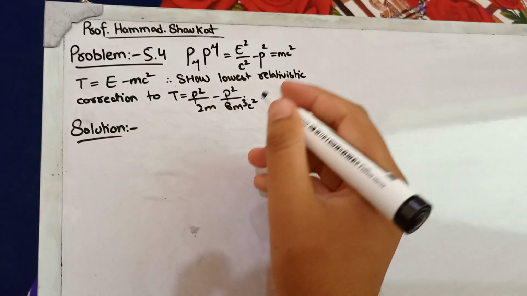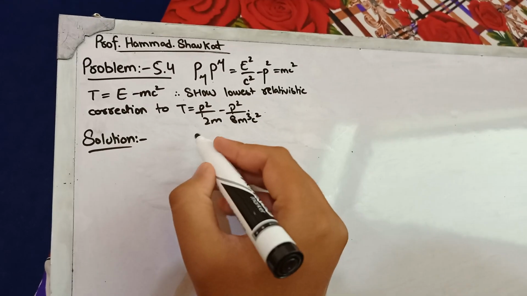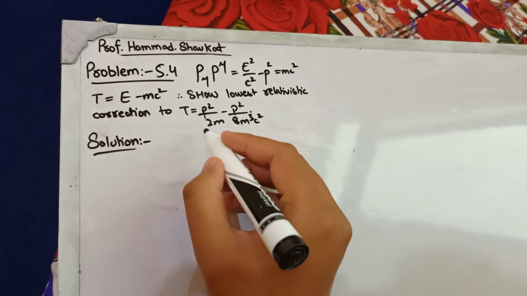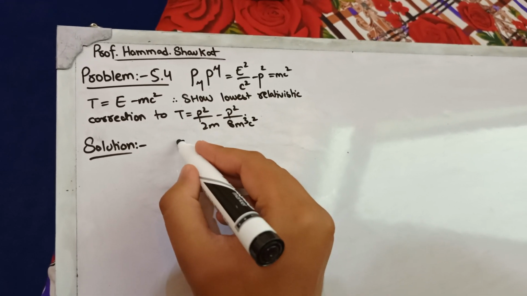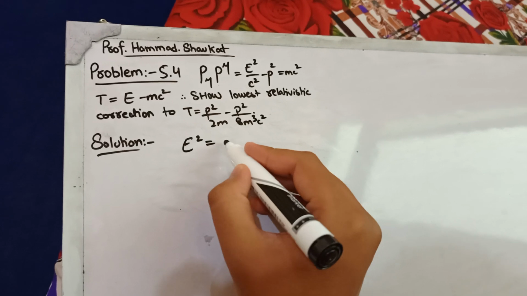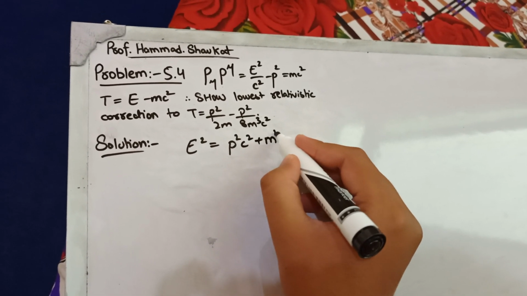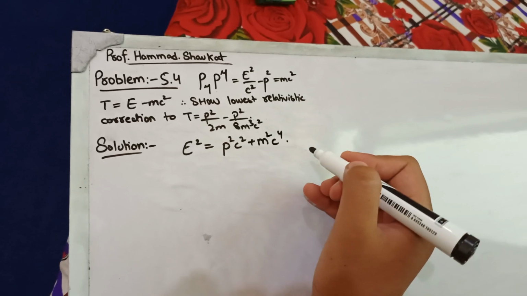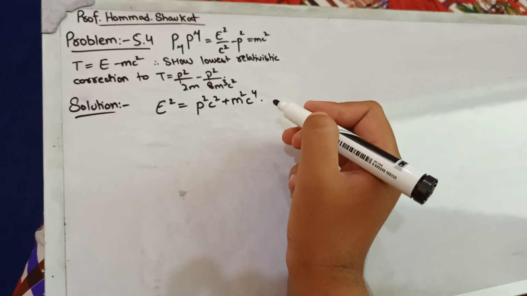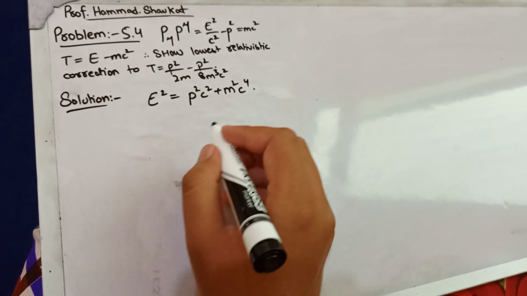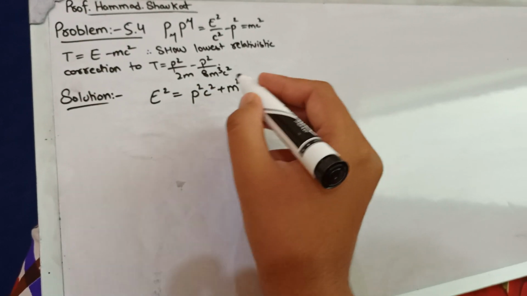You will start your problem with Einstein's equation. You know that the relativistic Einstein energy equation is E² equals p²c² plus m²c⁴. Let's take the square root, taking c common.